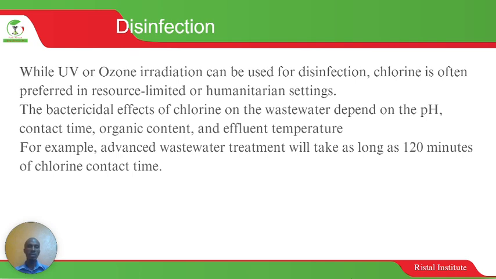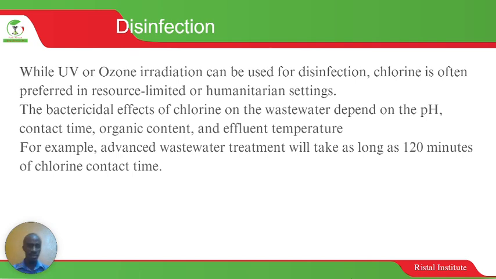We know that with increased temperature, the chlorine will also be decomposed. It will be degrading, or it will be breaking down and it will not be exerting its required effect. So you have to maintain optimal temperature so that chlorine can work very well to disinfect this water.